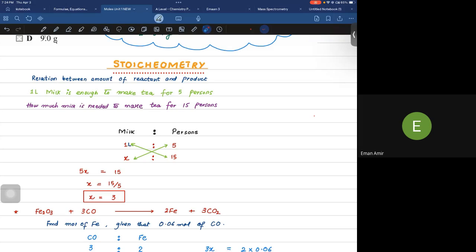We can do the same in stoichiometry as well. After cross multiplying, I will come to know I need 3 liters milk, which would be enough for 15 persons. This is called stoichiometry.